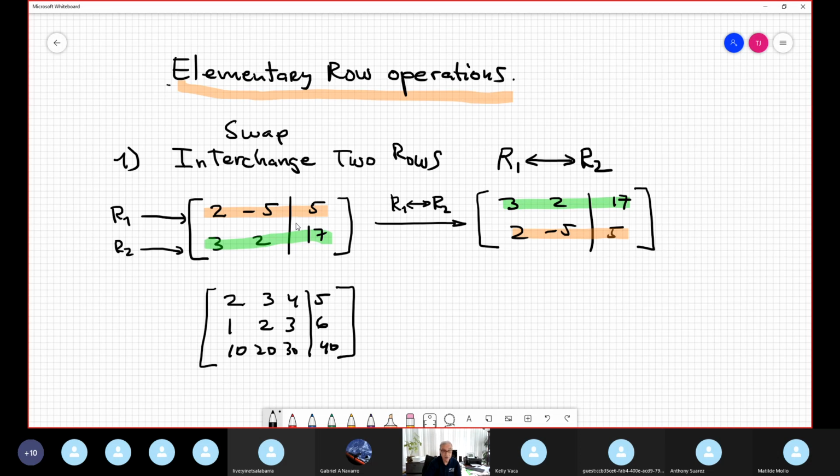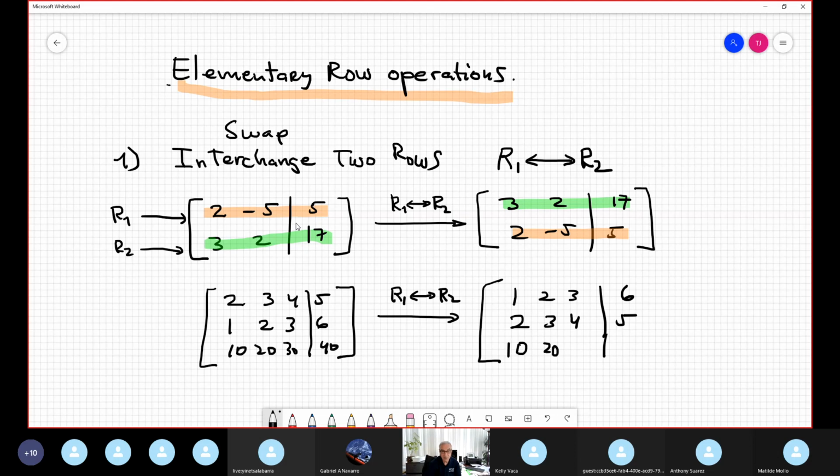I need the first pivot to be 1. So the first operation the algorithm does is interchange row 1 and row 2. Now my new matrix is 1, 2, 3, 6, then 2, 3, 4, 5, and the rest stays the same, 10, 20, 30, and 40. And I guarantee you, wow, amazing, now my first pivot is ready to start. Got it? So swapping two rows is perfectly valid.